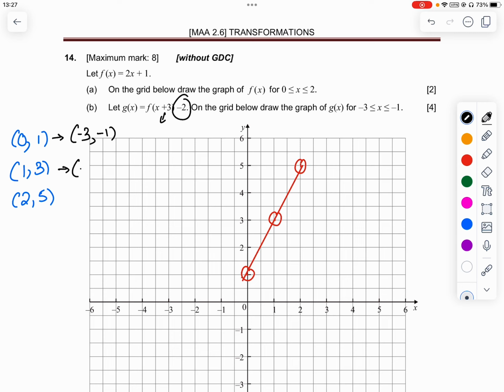Then again minus 2 and 1. And this is minus 1 and 3. So join it out now. Minus 3, minus 1, minus 2, 1, and minus 1, 3.